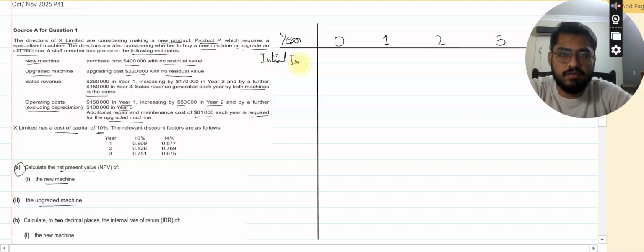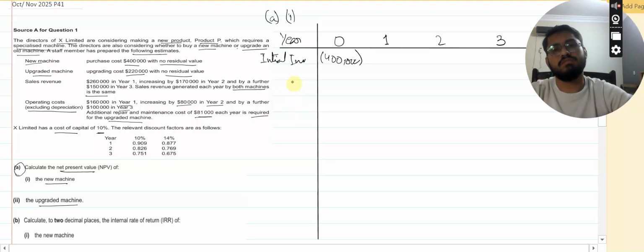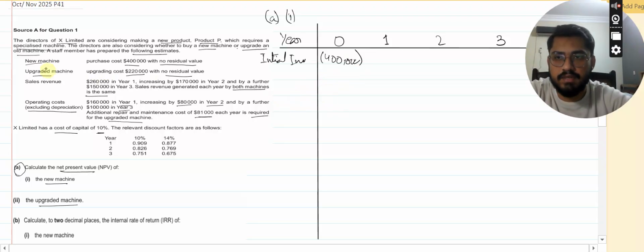The initial investment over here for the new machinery, we are solving this for part A1, is $400,000. So it's an investment, an outflow from our side, so we'll be writing this as a negative number.